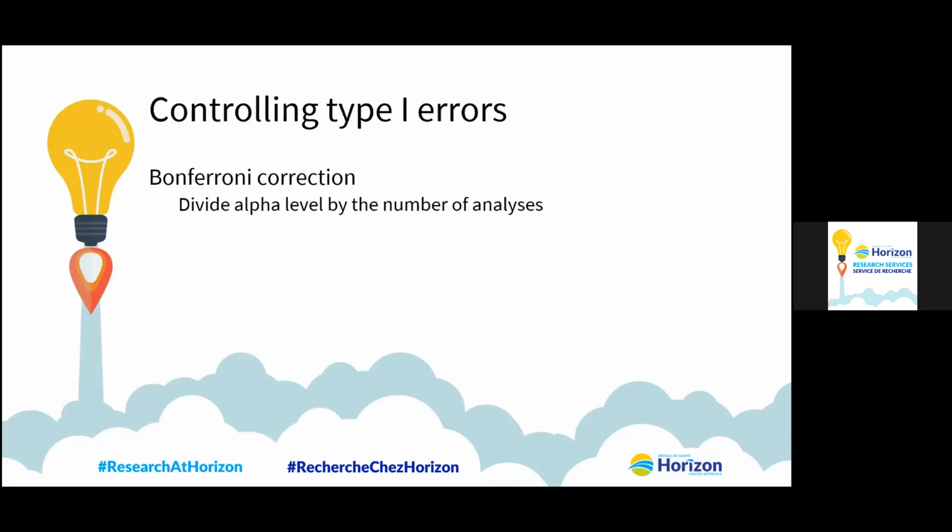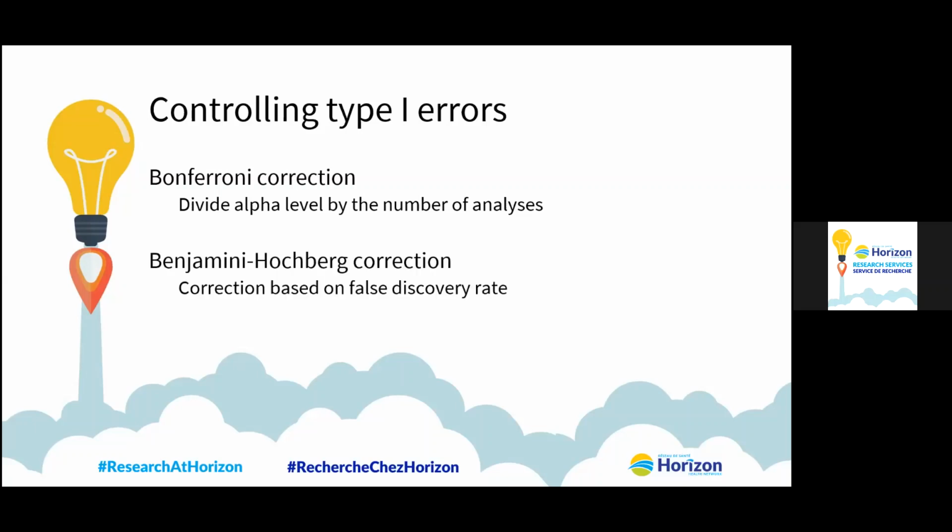So if you start off with an alpha level of 0.05 and you perform 10 comparisons, then your new alpha level is now 0.005. So it's a really effective method, but some consider it to be very strict and very conservative, and some suggest it may actually overcorrect in the direction of another error. So you actually may miss some level of significance for some of your analyses.